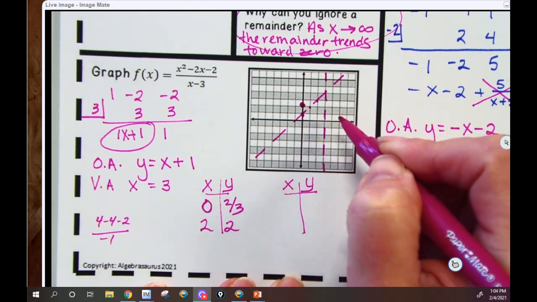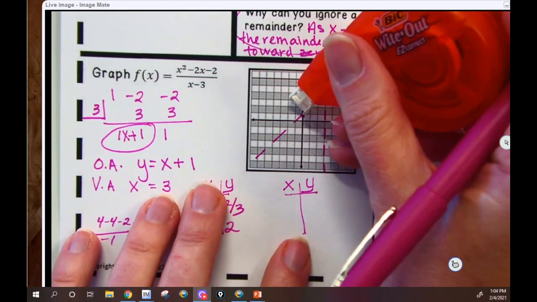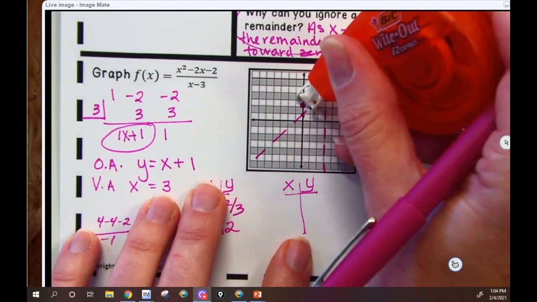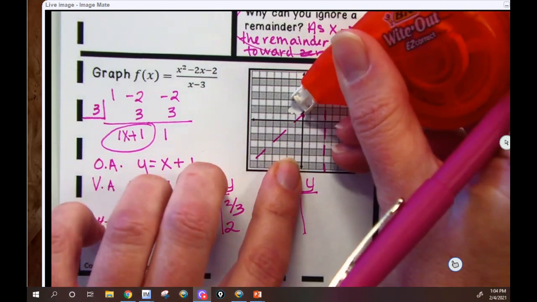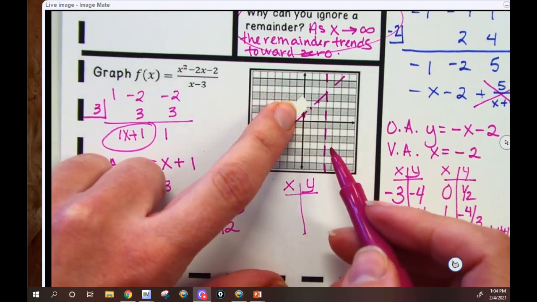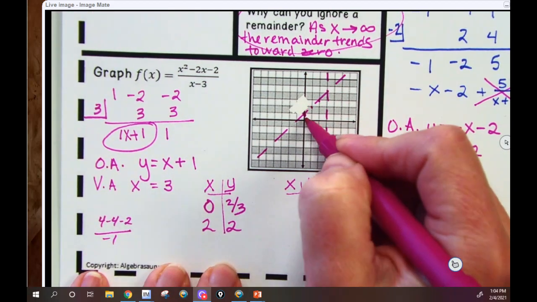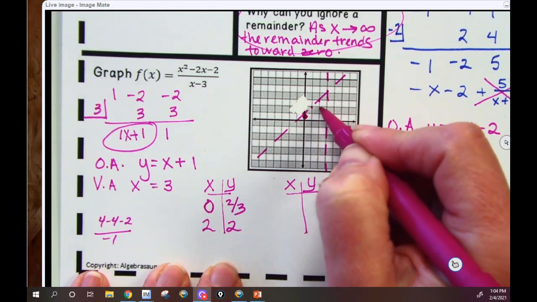Oh, I did that wrong. That is not 0 and 2, it's 0 and what? 2/3. Now, as I was doing that, what made me really pay attention is I was going to have a point on one side of the oblique and then on the other side of the oblique. So I knew I'd made a mistake. So there's my 2/3 right there. And here is 2 and 2.